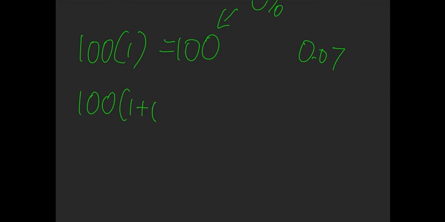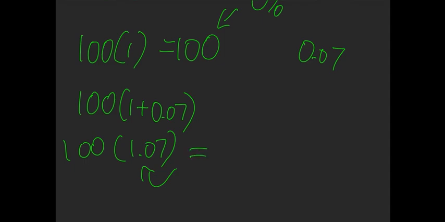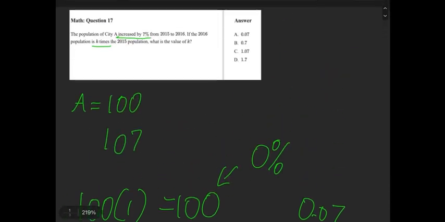Therefore, we would have to add 0.07. When you put them together, you get 1.07. And this number is k. And this expression would evaluate to 107. Therefore, our answer is C.